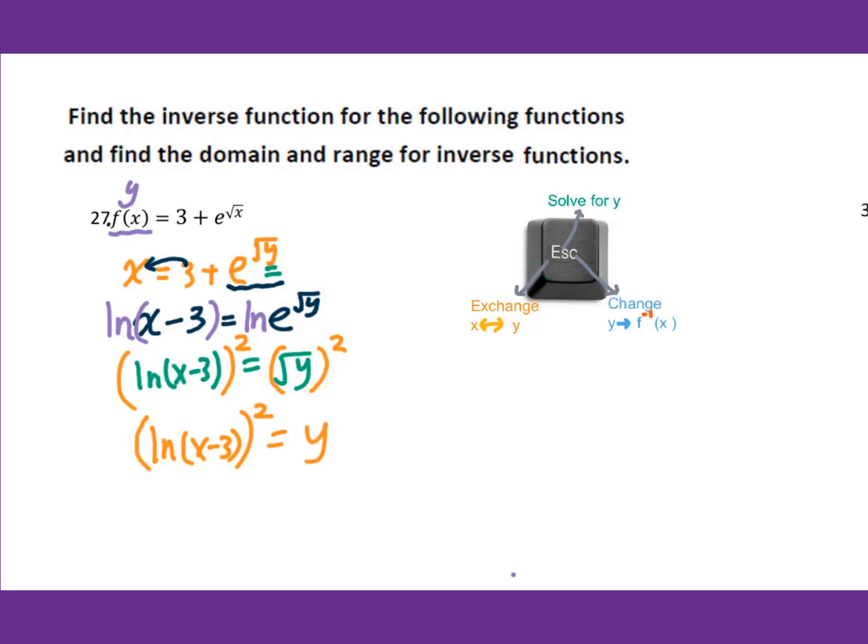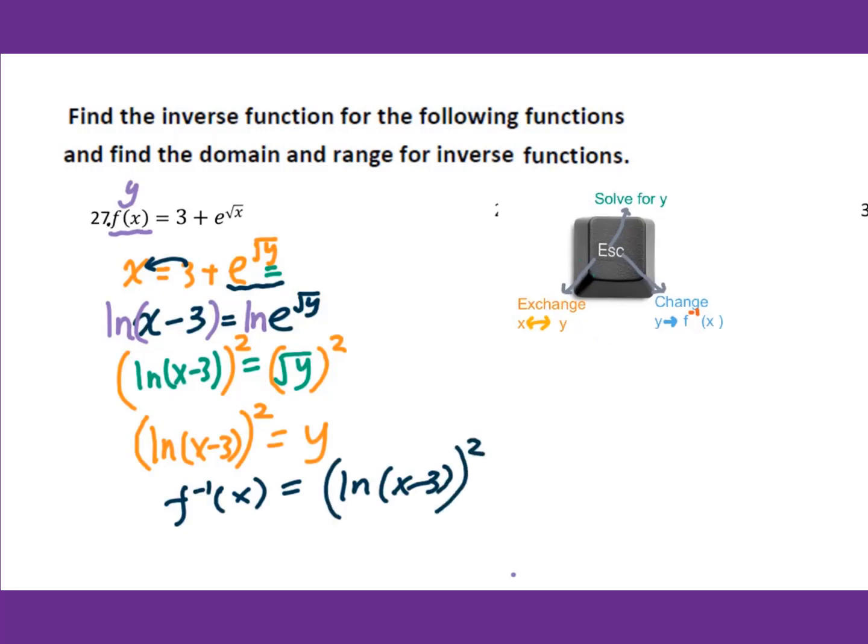After you solve for y, you need to change y into the inverse symbol, equals natural log of x minus 3, squared. Then we check domain. Domain for the original function, we got square root of x, which means x has to be greater than or equal to 0, because for square root of x, x must be nonnegative.